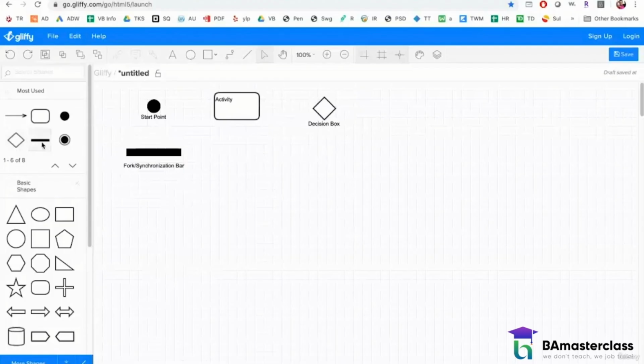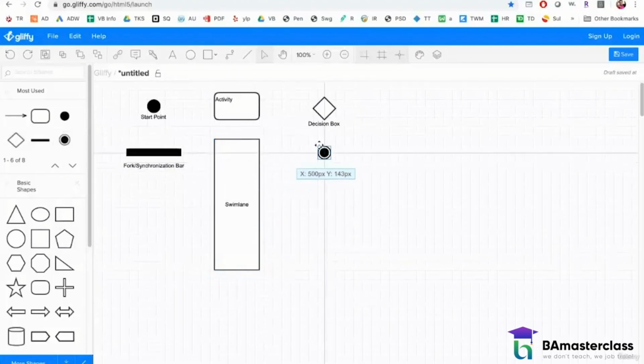It consists of rectangles like this, known as swim lanes, and a dot with a rounded circle, known as the endpoint. So these are the different elements.